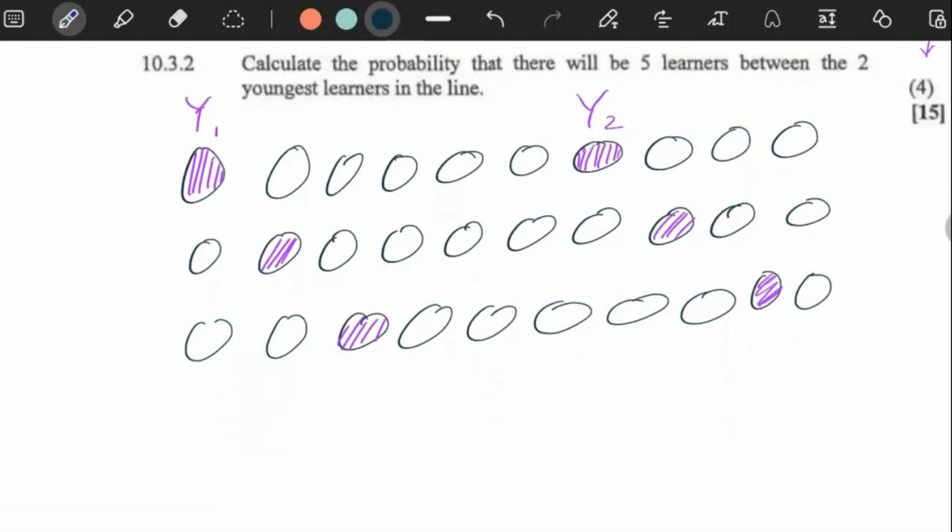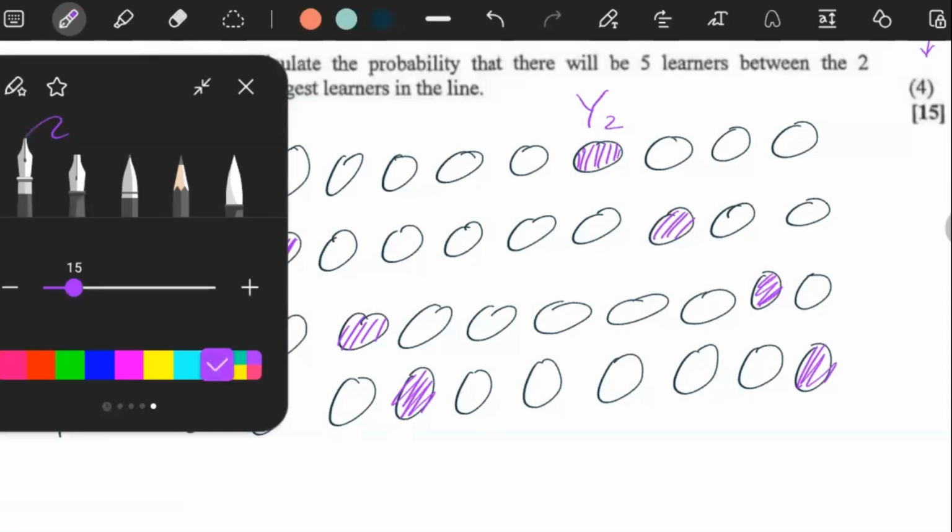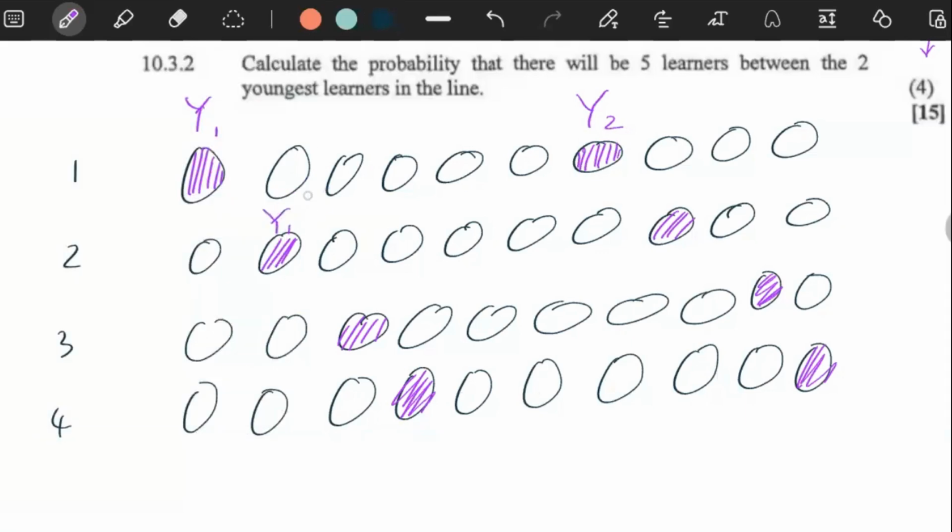Then you have one here. Then another one. Let's see here. This is the last scenario, right? 1, 2, 3, 4, 5. There we go. So these are 3 scenarios. 1, 2, 3, 4. Okay, why did I say 3? These are the 4 logical scenarios where the 2 young learners can sit apart.